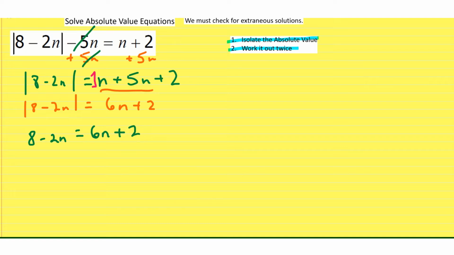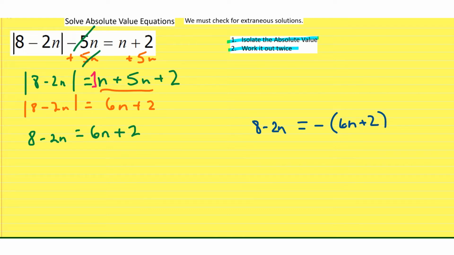But our second version of this is going to be 8 minus 2n, exactly what is inside the absolute value, and that is going to be equal to the negative of 6n plus 2.